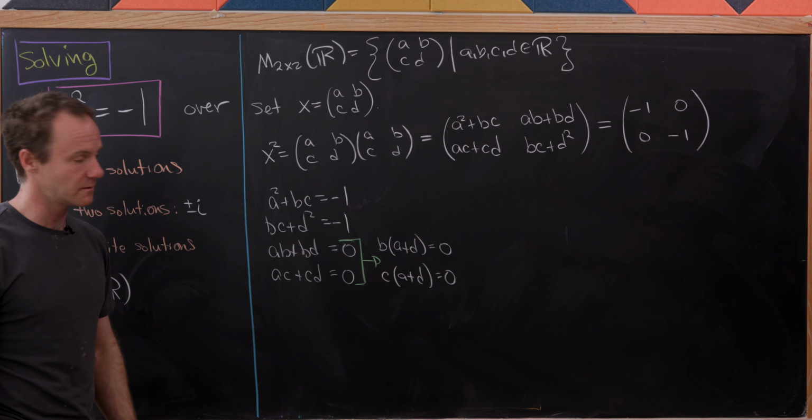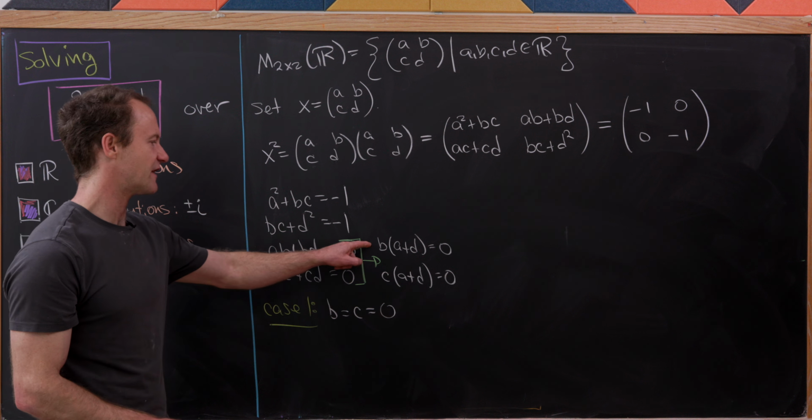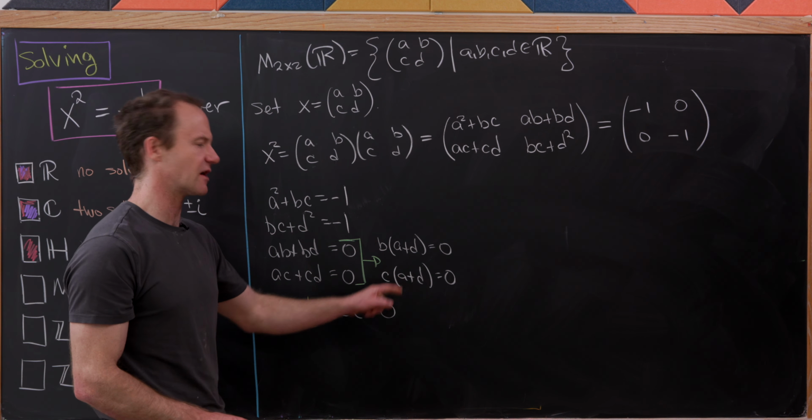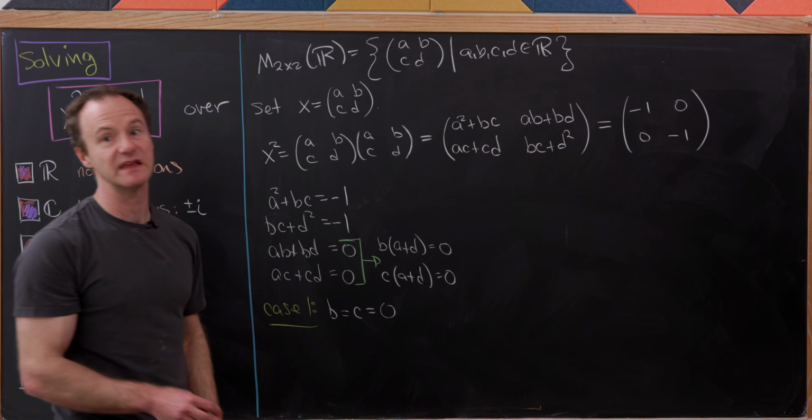So case 1, maybe let's say that's the case when B and C are 0. Notice that we need both of them to be 0 for both of those equations to be 0. I guess we could have B as 0 and A plus D as 0, but that'll be taken care of in the A plus D equals 0 case. Okay, so B equals C equals 0.